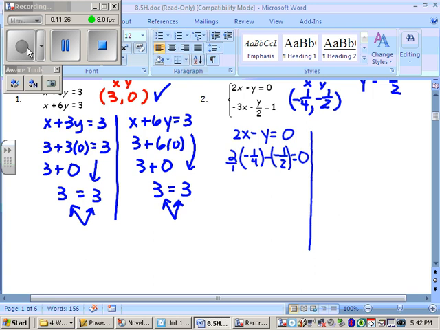Simplifying the left side, 2 times negative 1/4, if we cross cancel, would give us negative 1/2. And then here we have negative negative 1/2. So our double negative, we will make a plus 1/2. And this adds up to 0 because opposites always add up to 0. Then drop down the right side and you can see that the left and right side are equal.